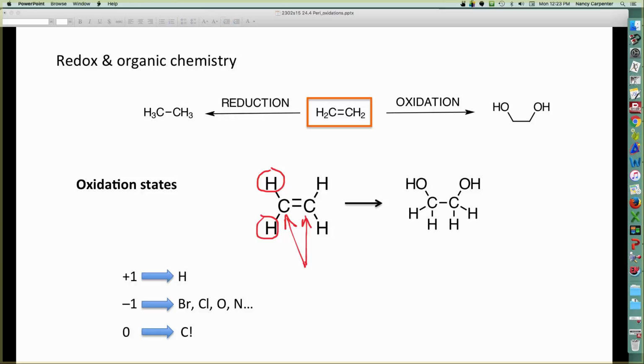So we've got two hydrogens that are +1 and a carbon which is 0. So +1 and 0, that means each one of these carbons must be in the -2 oxidation state to keep everything balanced out. So we've got a -2 oxidation state for each carbon on the left.